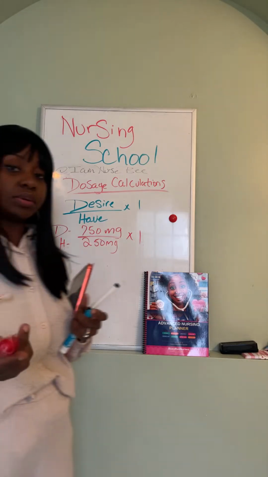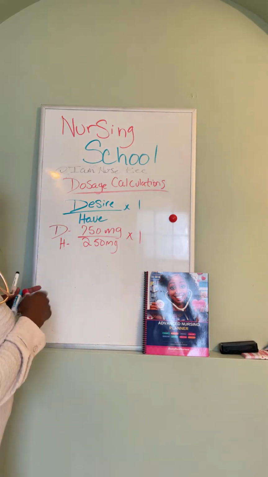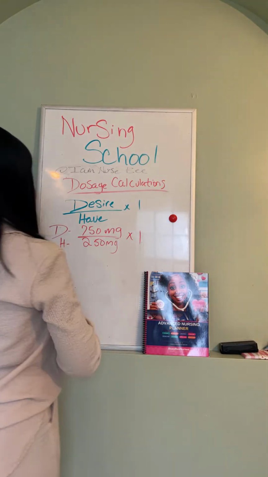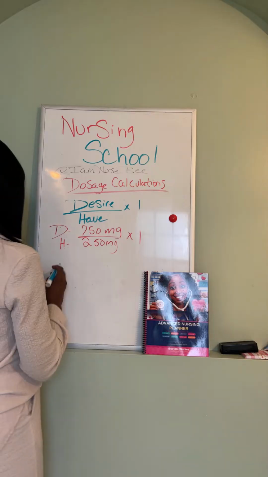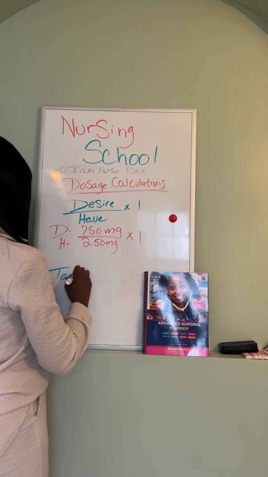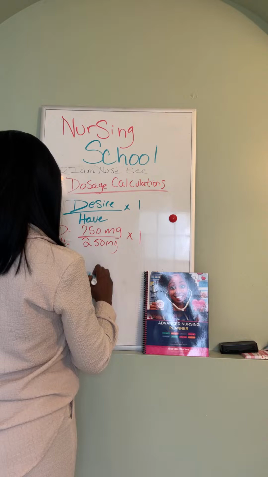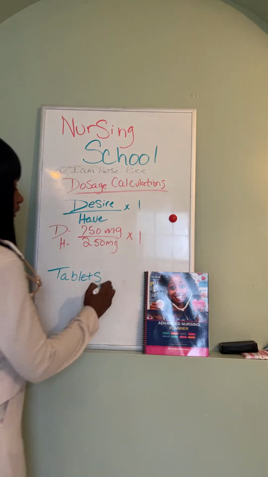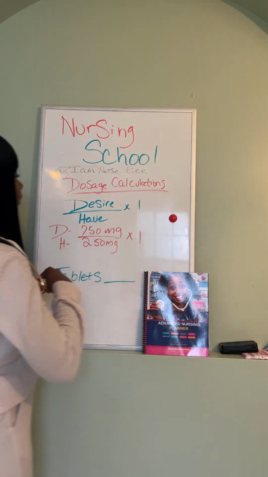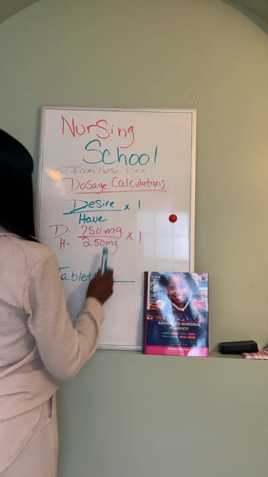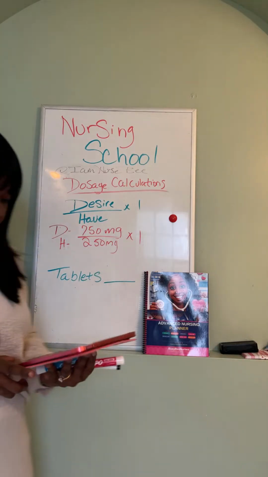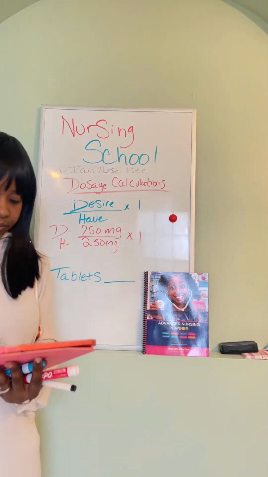So what are we going to do, guys? We're going to do the calculations. Please tell me how many tablets this patient is going to require. Put it in the chat. Do the calculations and let me know what you think it is.